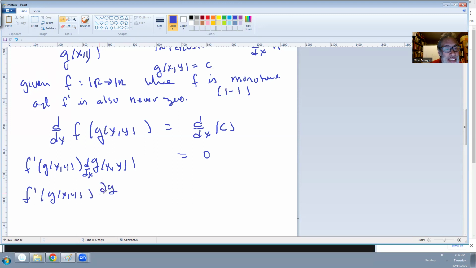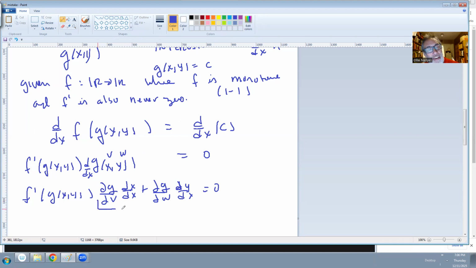I'll write it like this: partial g, partial first variable. So I'll just call it variable 1, let's call it v, dv dx, plus partial g, partial second variable. I'm using this as v and w. And then dw dx.